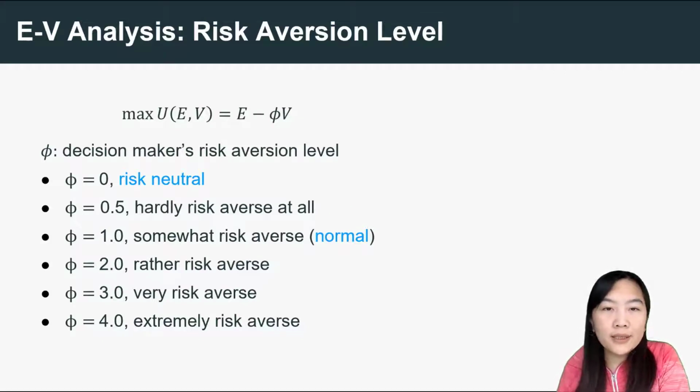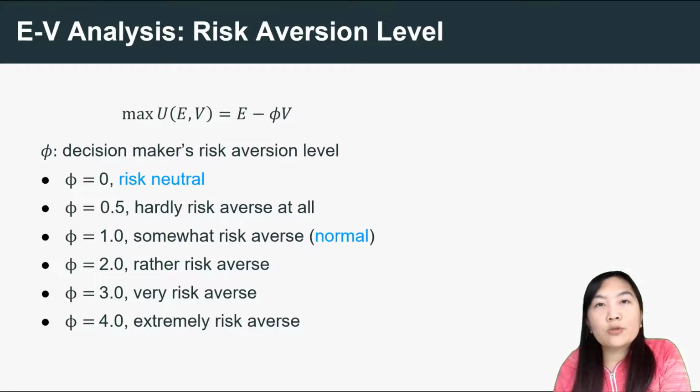It's a little bit. But there are some other levels. There are 2, 3, 4. 4 is extremely risk averse, and there are different measures of risk aversion in the literature of economics.